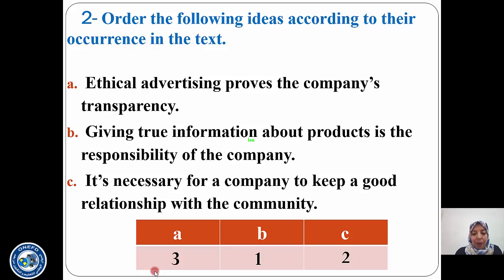As you can see, every idea here corresponds to a different paragraph, but this activity is not always given in this way. Sometimes you can find 2 or maybe 3 ideas that appear in the same paragraph, so you have just to read your text very carefully.